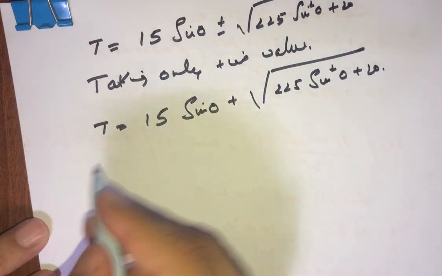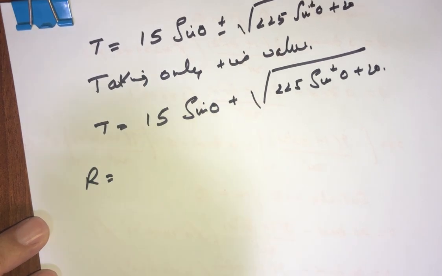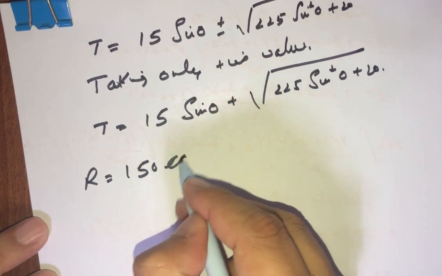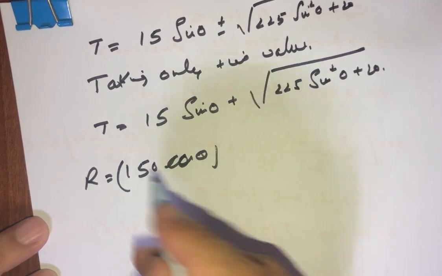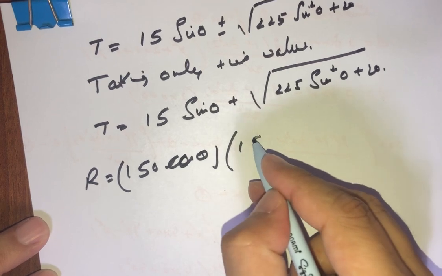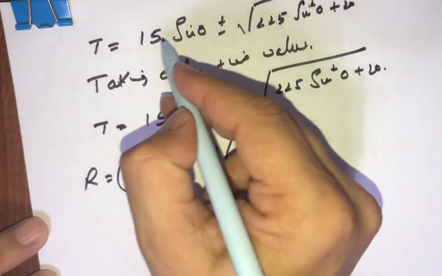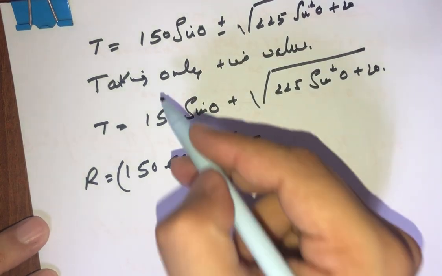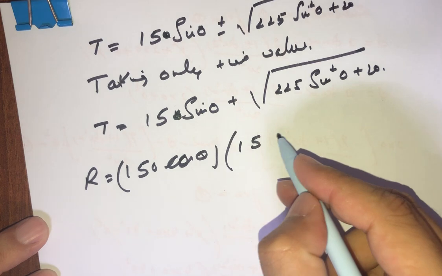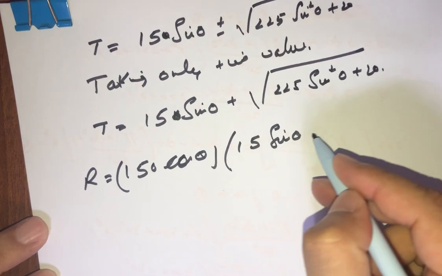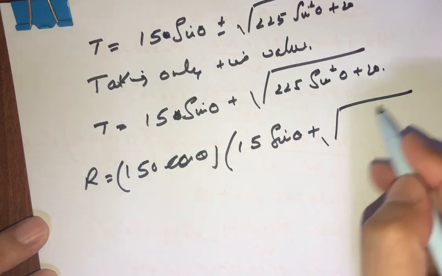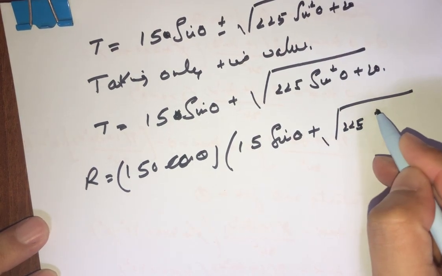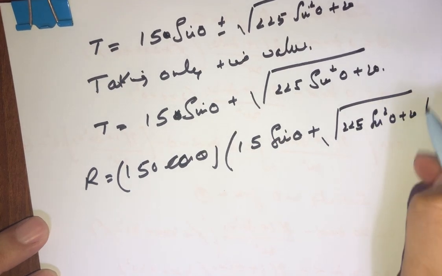So the horizontal range, we already found that R is equal to the horizontal component of the velocity, 150 cos theta, multiplied by t, and t is given as 15, not 150, 15 sin theta plus square root of 225 sin squared theta plus 20.